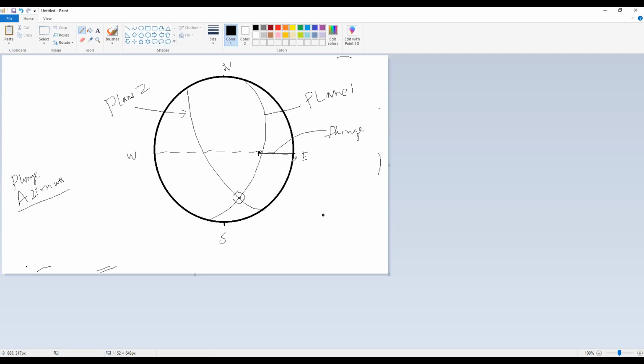We will measure the plunge, and where it intersects the primitive, we will mark that. Then rotate back to the original position, and it will come here. Along the primitive we will measure that it would be around 170. That will be the azimuth. So 170, and suppose this is 38. Like that we can determine.